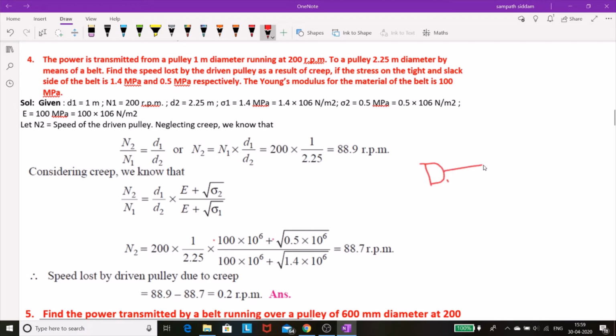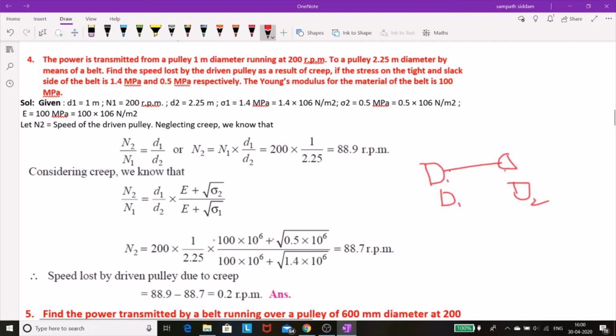From here there is another pulley which is of diameter D2, and by means of a belt, there is a belt in between. This is D1 and this is D2. So find the speed lost by the driven pulley as a result of creep.